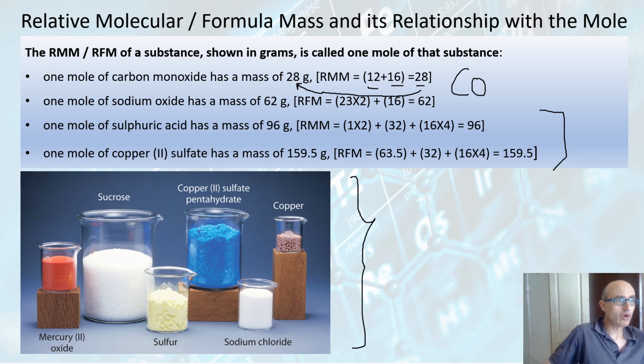If I had to have a mole of sucrose, which is the sugar that you eat, okay, or hopefully do not eat, all right, because you have to watch your blood sugar levels, a mole of sulfur, a mole of salt. These are all very, very small masses, very small amounts of substances, because as we said, atoms are so tiny and therefore so light. Let's now move on to our next slide.